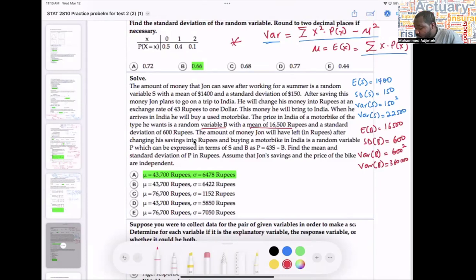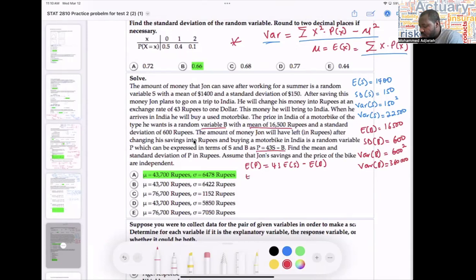And then here we are given P to be this. We should find the mean and standard deviation of P. So let's find the mean of P first. Expectation of P is equal to 43 expectation of S minus expectation of B. We've learned all this in chapter 14, the various properties of expectation, standard deviation and variance.